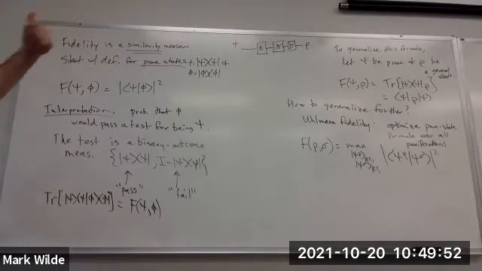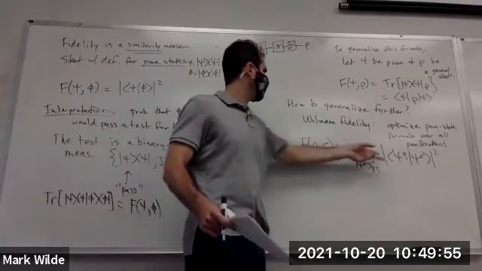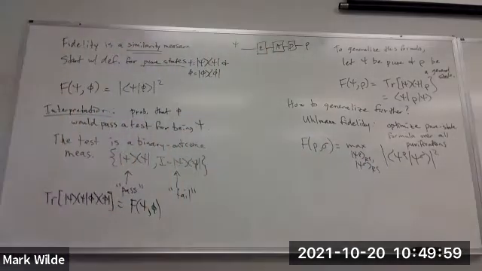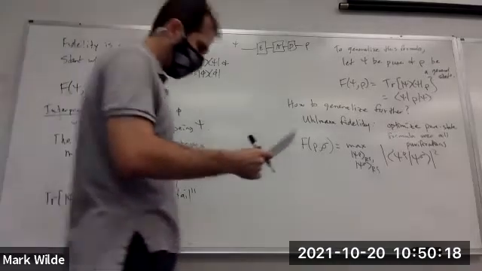If the fidelity is equal to 1, that means there exist two purifications for which the overlap is equal to 1. That means the purifications are the same. And then when you trace over the reference system, you'll get the same state, as in the definition of purification. So it follows that it's an if and only if. The fidelity is equal to 1 if and only if the states are the same.